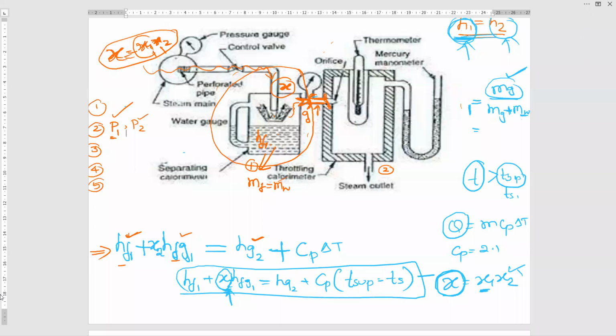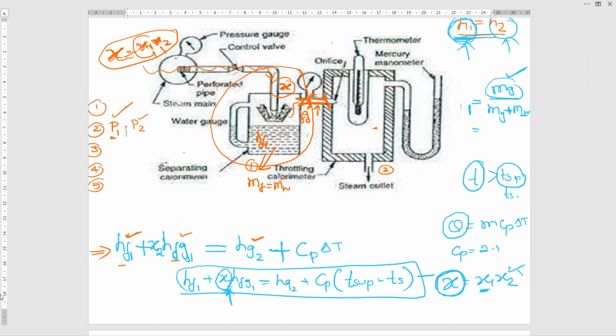You can ask the question: sir, once water is removed, it is purely gas. But in the real case, it is always a mixture of gas and water. It is not pure gas. So the steam which is entering the throttling calorimeter is also a mixture of fluid and gas.